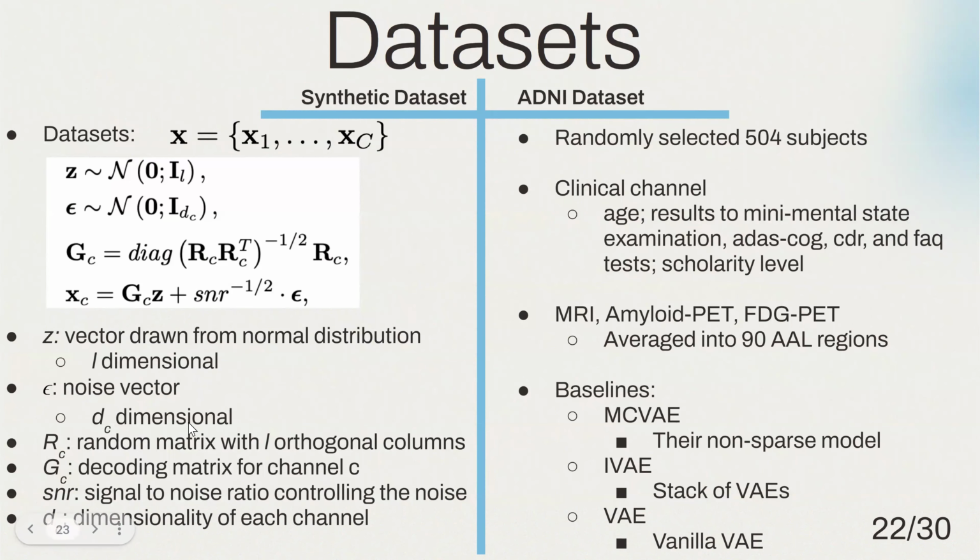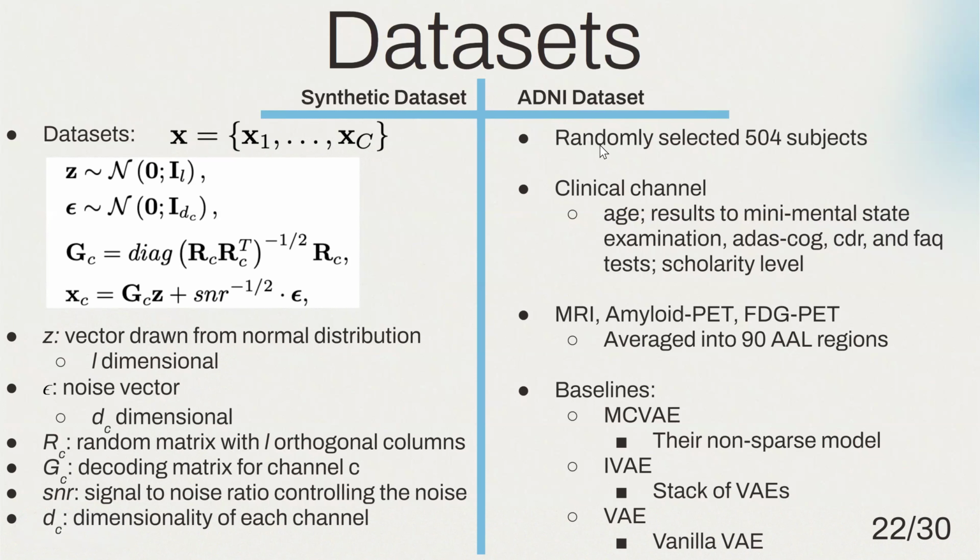So they just generate all these different data points across different modalities. Each matrix here is a decoding matrix, and each modality has a different kind of decoding matrix.